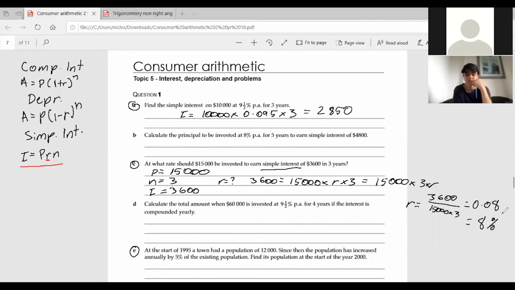Yeah, except it's not A is equal to 12,000, it's P is equal to 12,000, because it had a population of 12,000 and now we're getting the new population. Does that make sense? And we're using the compound interest formula for this. Yep.